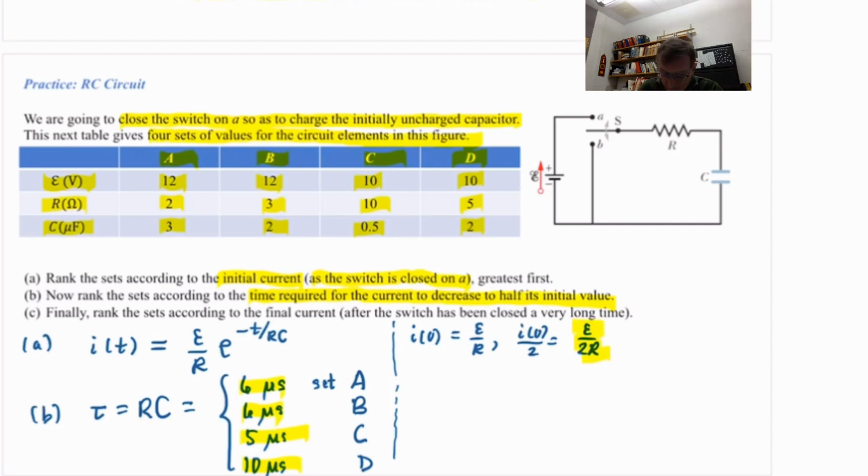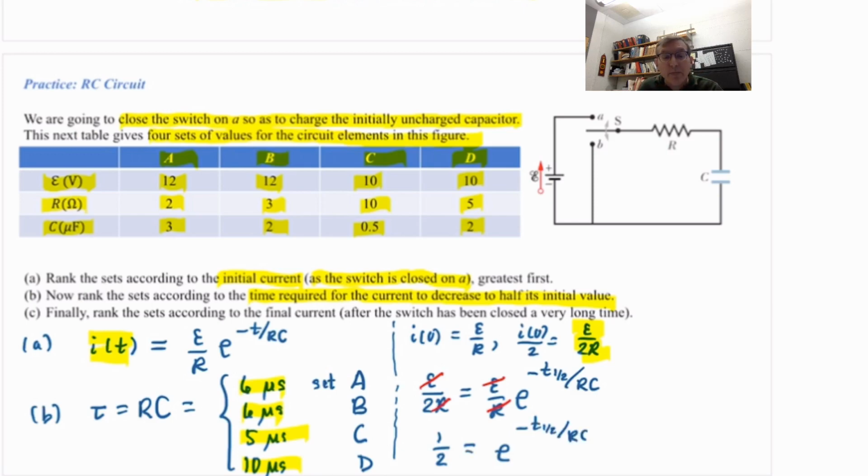So I just go over to the current formula where the I of t is, and I put E over 2R on the left. On the right, I have E over R times the exponential of negative, and now the time is specifically the time called the half-life, so I'll label it T1/2. I can divide out the EMF, I can divide out the R, and the equation really is this: 1/2 equals e to the minus half-life over RC. And I take the logarithm of both sides.